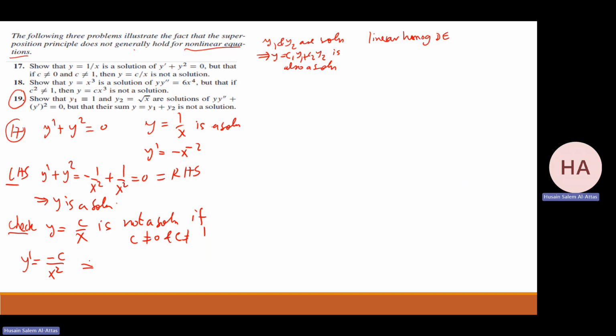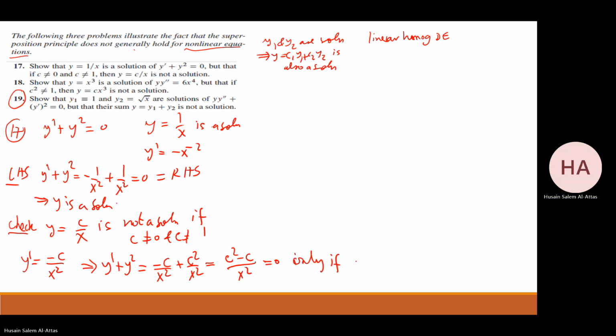Now let me check y prime plus y squared. That will be minus c over x squared plus c squared over x squared, and this will be c squared minus c over x squared. That will equal 0 only if c squared minus c equals 0, i.e. c equals 0 or c equals 1.